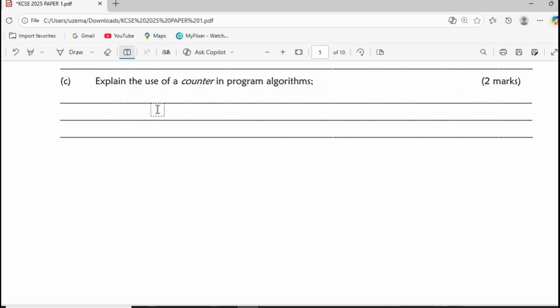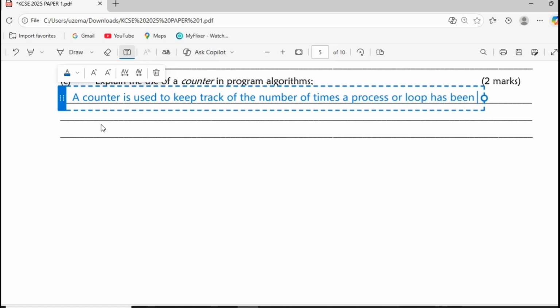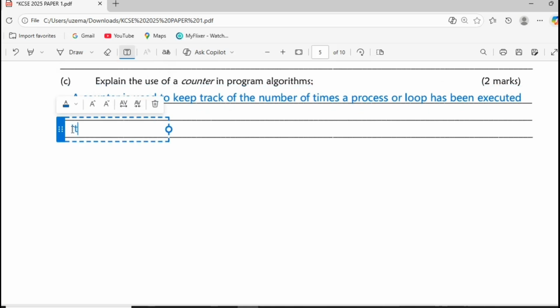Part C, explain the use of a counter in program algorithms. We are saying that a counter is used to keep track of the number of times program statements or a process or a loop has to be executed.